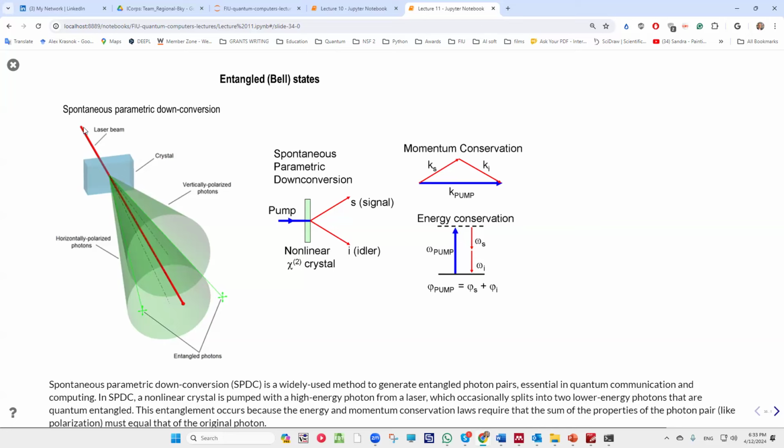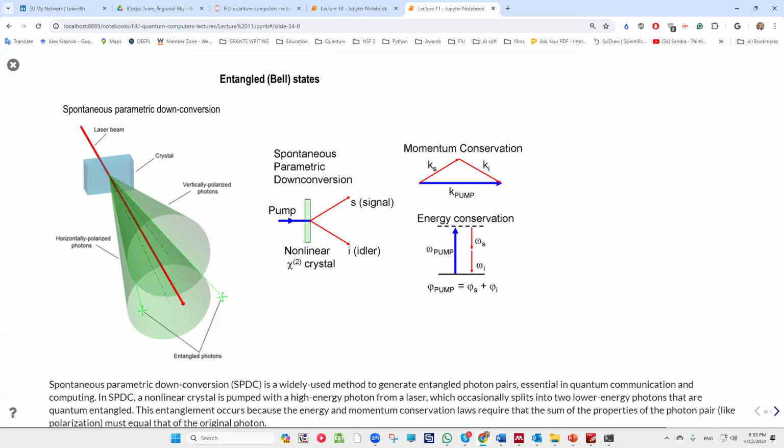And what happens is that this laser beam, typically of high energy, like blue or green light, comes to the crystal, and inside of this crystal, this green photon can spontaneously be split into two photons of smaller energy.